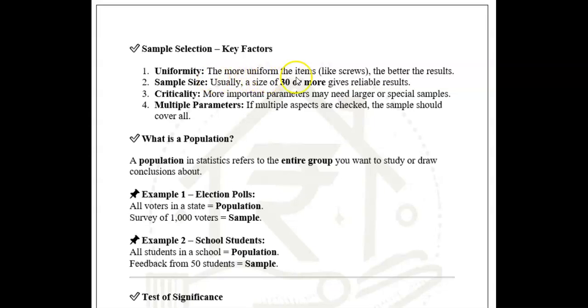The more uniform the item, like a screw, the better the results. Sample size: a usual size of 30 or more gives reliable results. Clarity: a more important parameter may need a larger or special sample. Multiple parameters: if several aspects are checked, the sample should cover all.